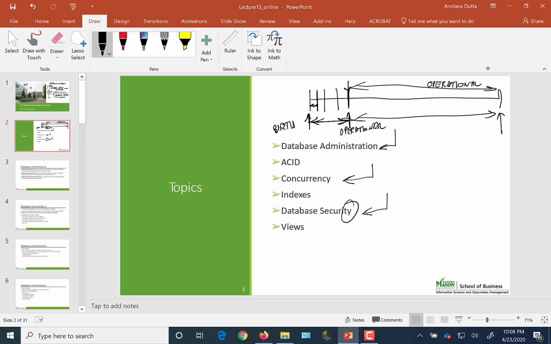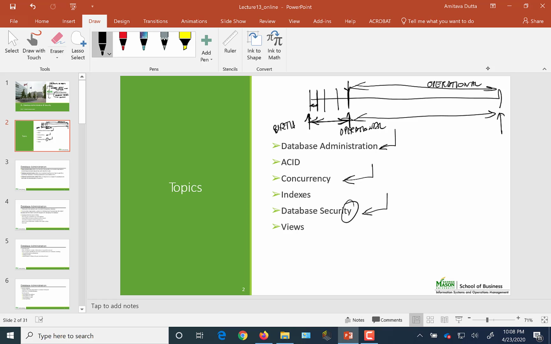So your doctors, for example, shouldn't have access to your billing information in the hospital. The people who are in accounts should not have access to your medical information in a hospital. So there are access constraints, even though you can have 50 or 100 users or even thousands of users working with the database. Each has its own rights in terms of what they can get access to. So obviously you have to maintain those kinds of constraints as well.